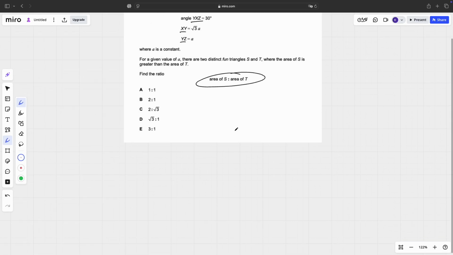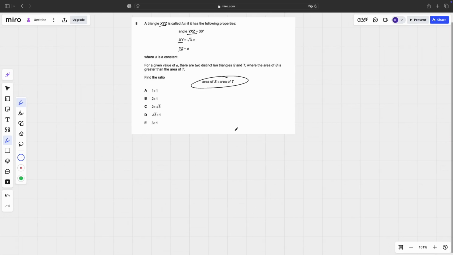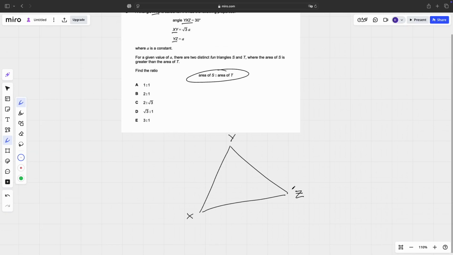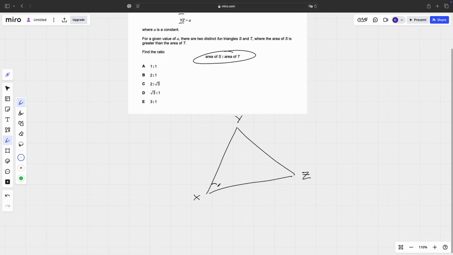Alright, so starting off, we are going to be drawing a triangle representing x, y, and z. We already know that angle x is equal to 30 degrees.